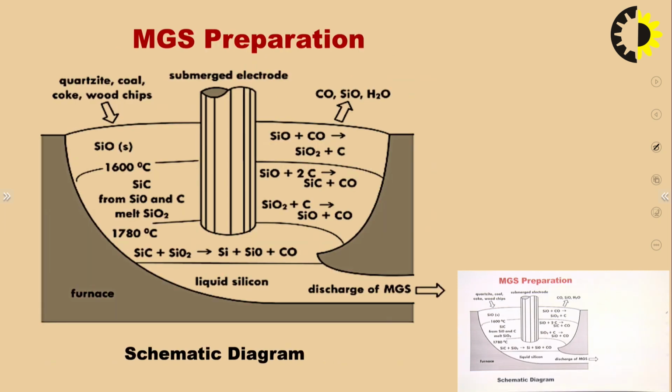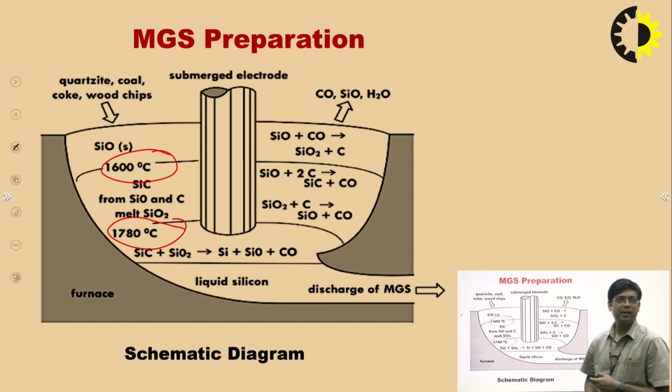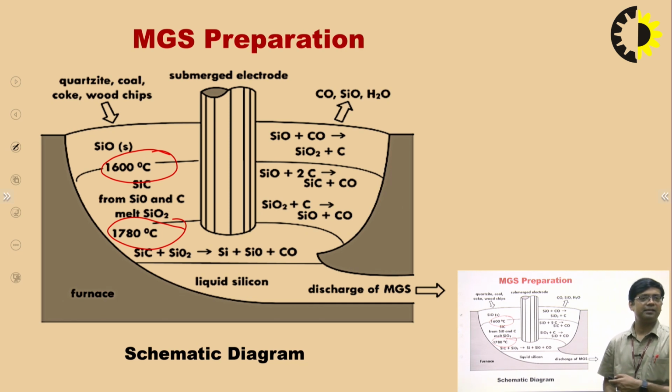Here we can see the schematic diagram. Here we can see the temperature inside the furnace that is used to produce the MGS: 1600 degrees centigrade to 1780 degrees centigrade.